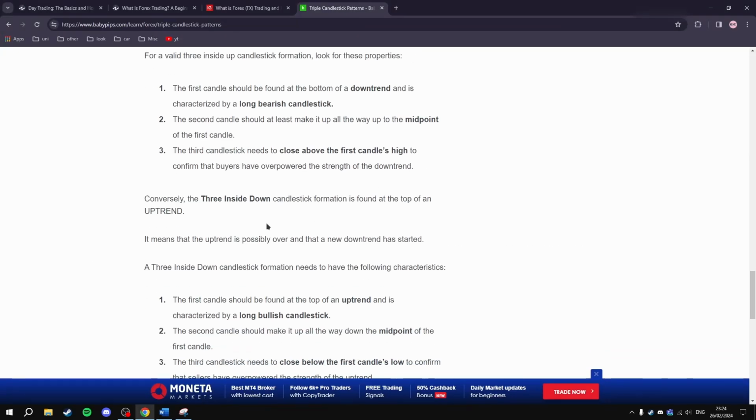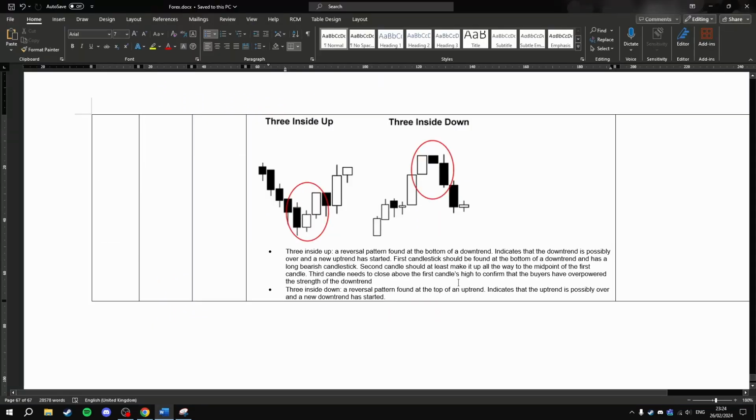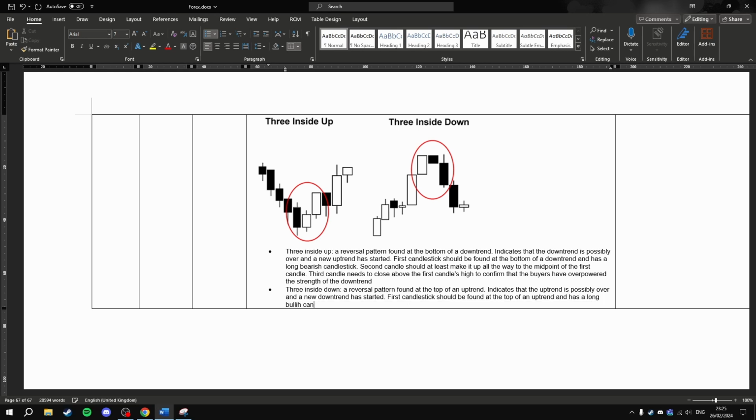Conversely, the three inside down candlestick formation is all the opposite. The first candlestick should be found at the top of an uptrend and is a long bullish candlestick.